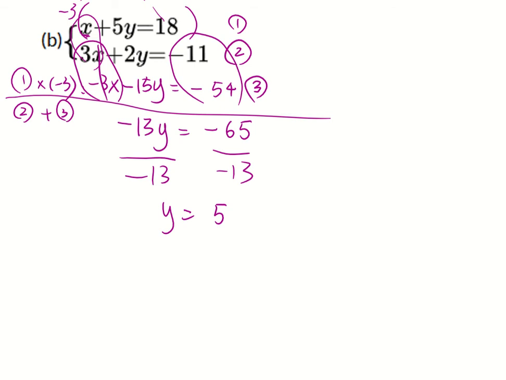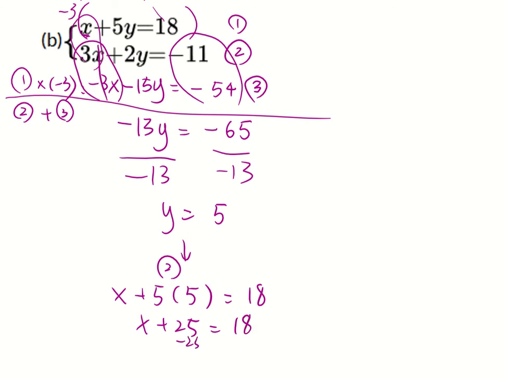All right, now solve for x. You can plug in y equals 5 into equation 1 or equation 2. I will choose equation 1 because the numbers are generally smaller. Okay, so x plus 5 times 5 equals 18, and then x plus 25 equals 18.